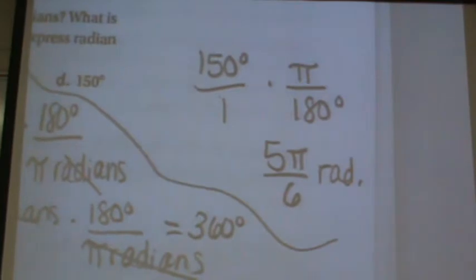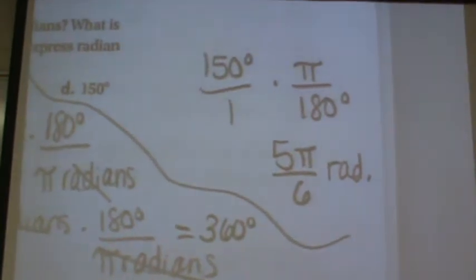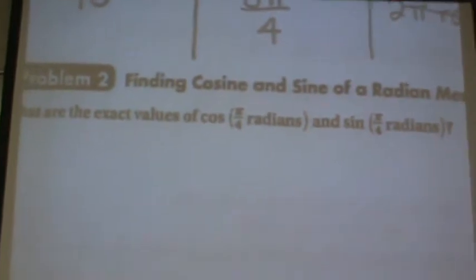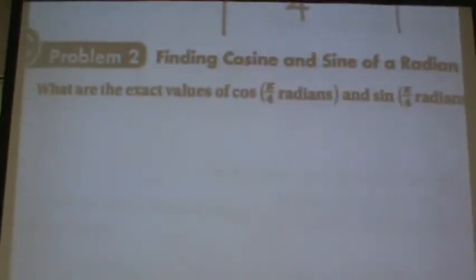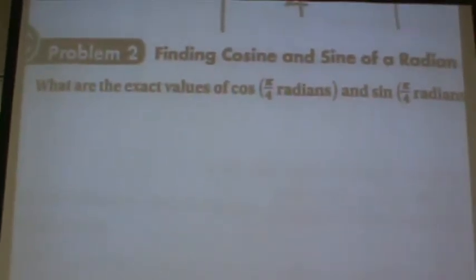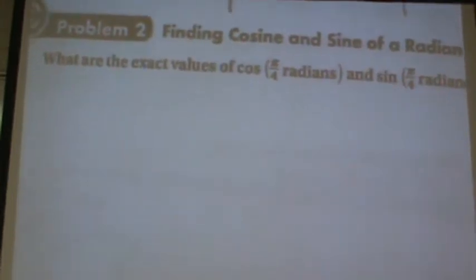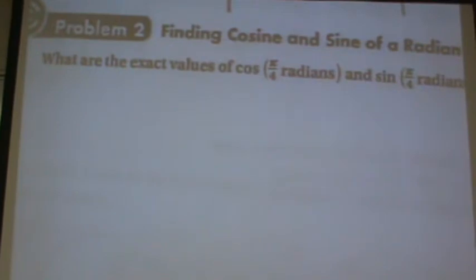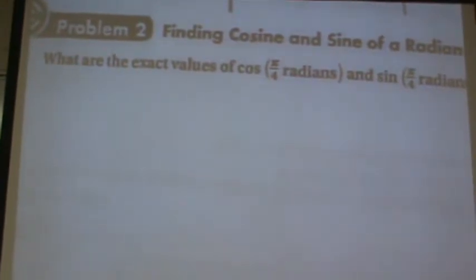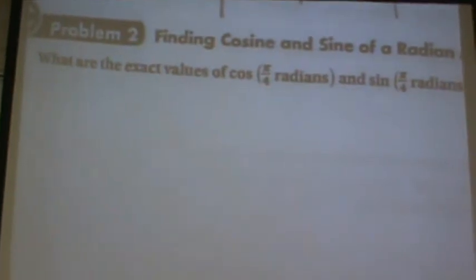Questions? Okay, moving along. Now guess what you're gonna have to do? You're gonna have to find the exact value of the sine and cosine of those angles.